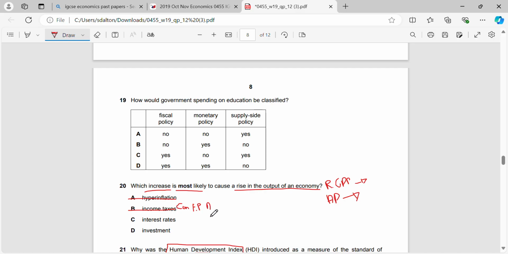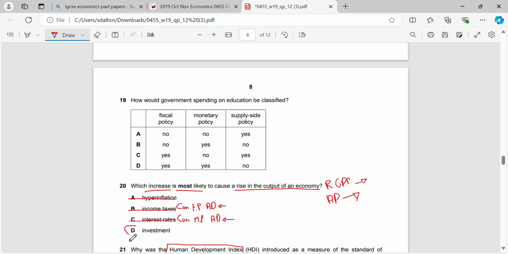If we increase income taxes, that is contractionary fiscal policy. And that will move our AD to the left, not to the right. If we increase our interest rates, that is contractionary monetary policy. And that will similarly move AD to the left.